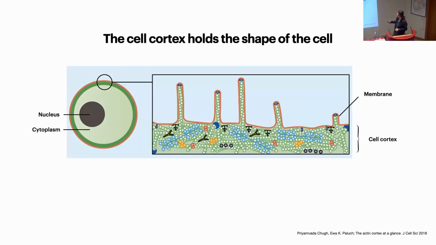What we're interested in is the cell cortex that is just below the membrane. So this is a layer with many different types of proteins, and then it's kind of like a stiff shell that holds up the shape of the cell. So we think this is the part of the cell that is important to us in deciding what the shape of the cell is gonna be.